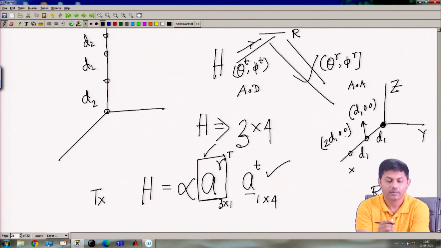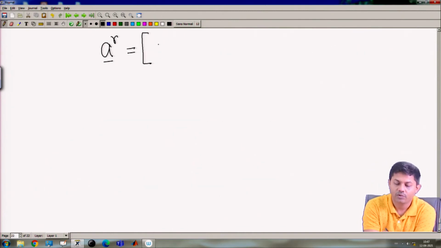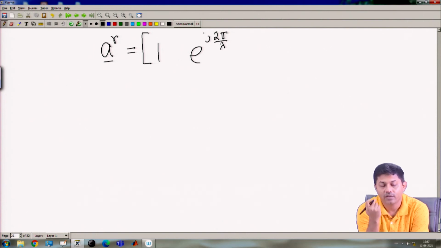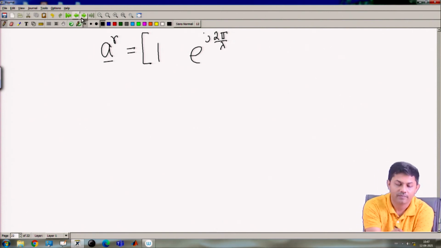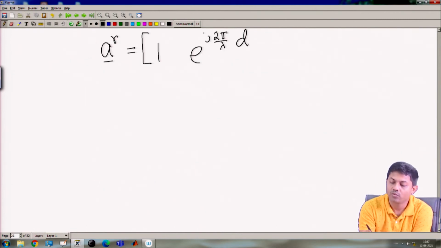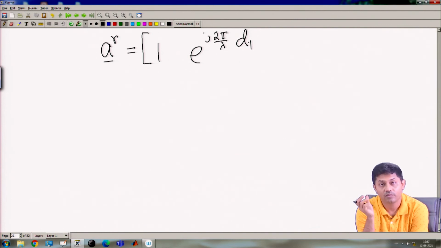So, the first element should be 1, then e to the power j 2 pi by lambda multiplied by the coordinate of the antenna, which is d1 0 0. So, it will be d1, but now what is the direction vector? The direction vector does not change.